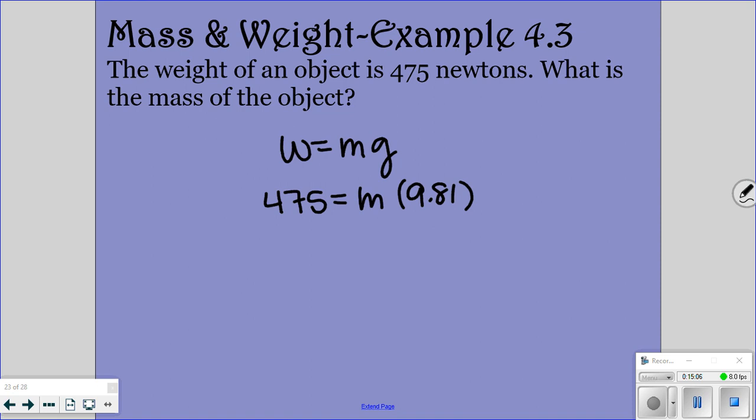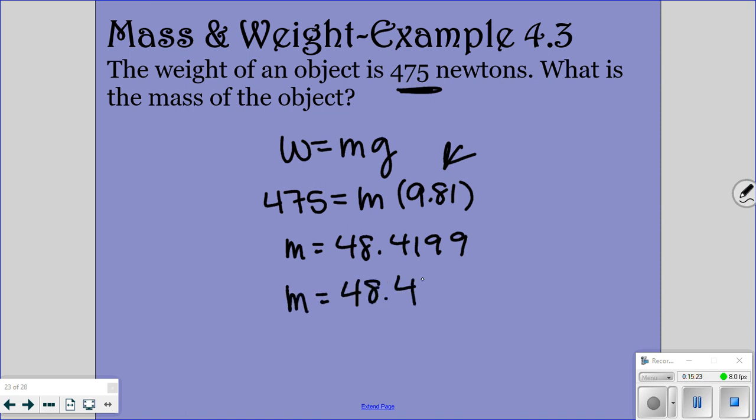And you should get 48.4199. And we round to 3 sig figs because we have 3 here and 3 there. So 48.4. And mass is in kilograms. And so that would be your answer.